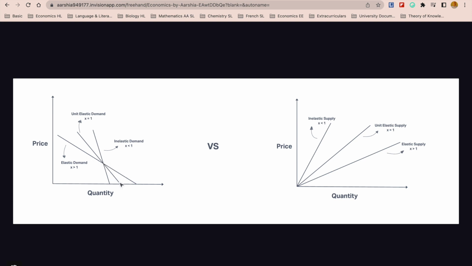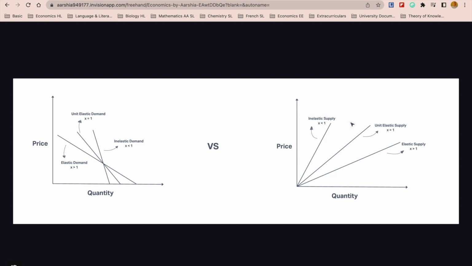If your demand curve is more vertical and your PED value equals 1, then you have unit elastic demand. As for a demand curve that's slightly more vertical, your PED value would be greater than 1, and therefore your demand would be inelastic.